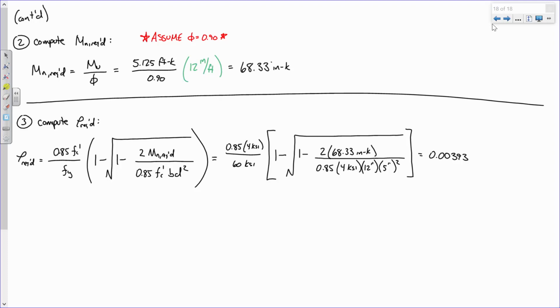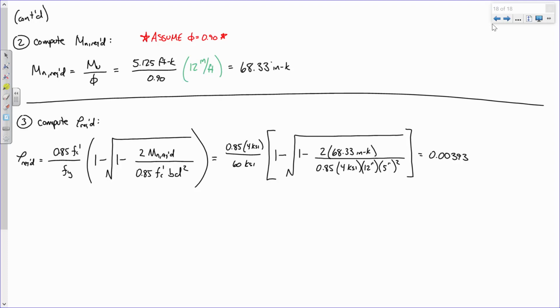So if you're not getting that, maybe just check your formula. Make sure that you have the 1 minus twice, 1 inside the root, 1 outside. Make sure that you're squaring the 5 on the bottom. 2 times MN. Make sure you're using the inch kips on the moment. But the answer should be 0.00393. Okay? Everybody good? All right.